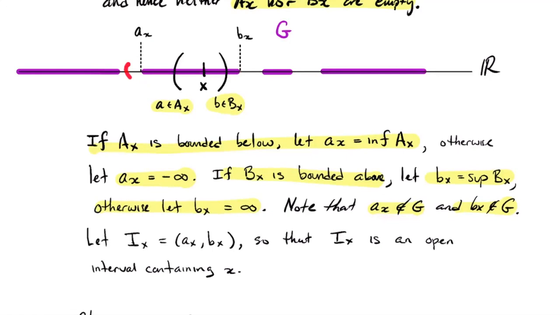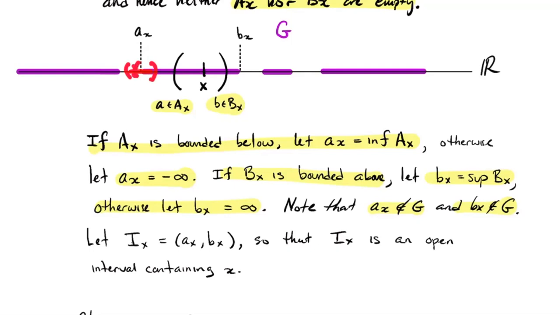So there would be some open interval containing a sub X that would be completely contained in G. And that open interval would have elements in it that were strictly less than a sub X, right? So I would have an element in G that's strictly less than a sub X.